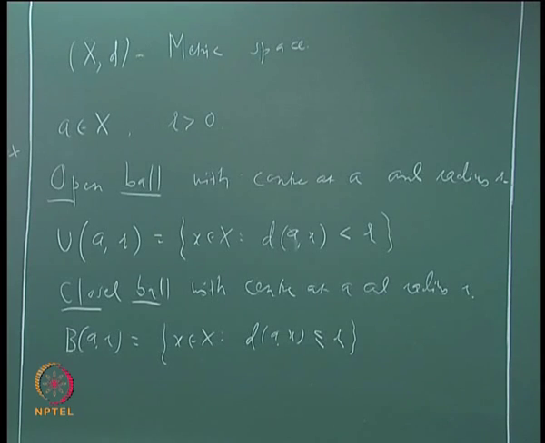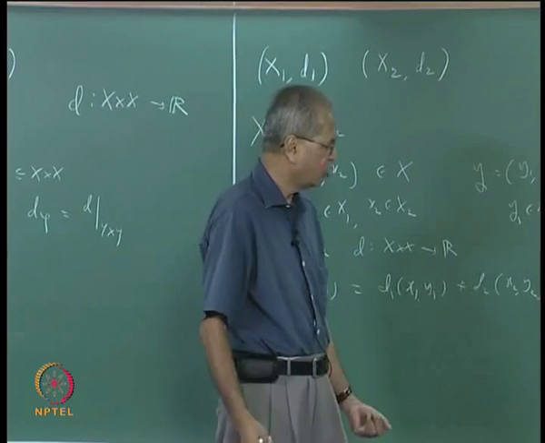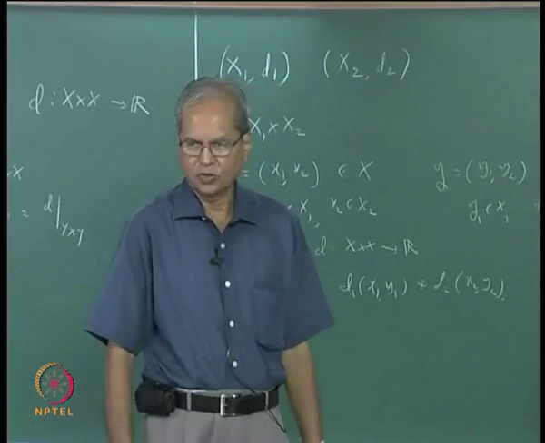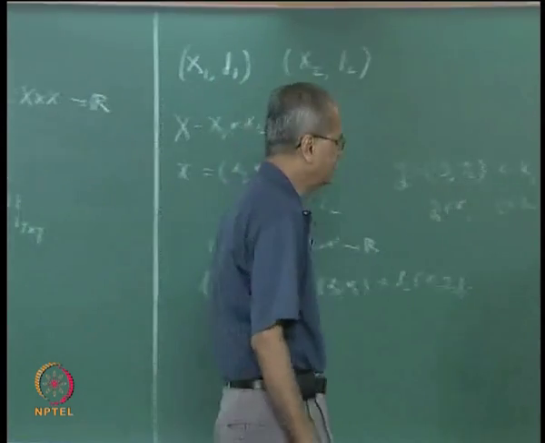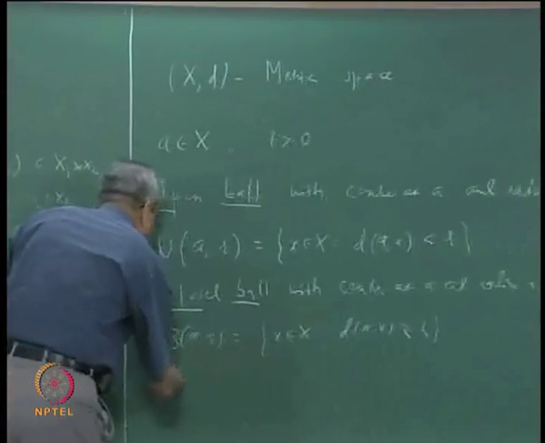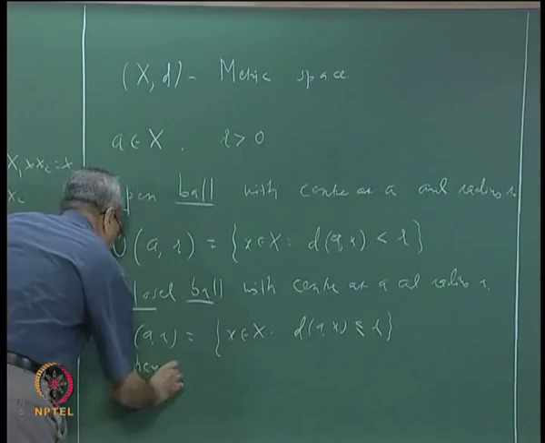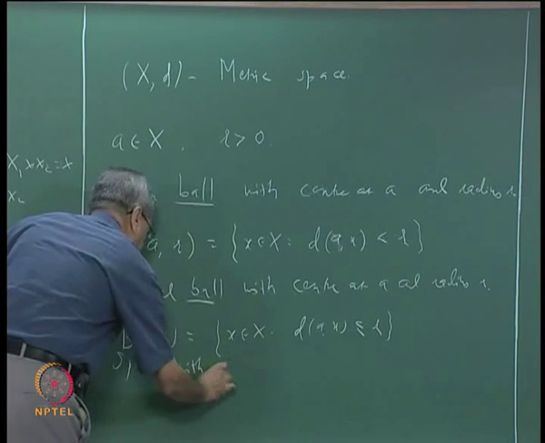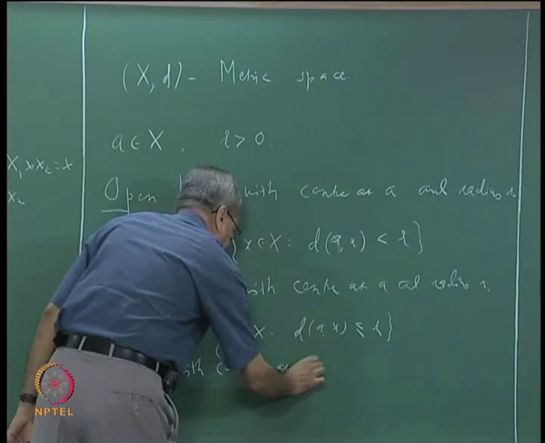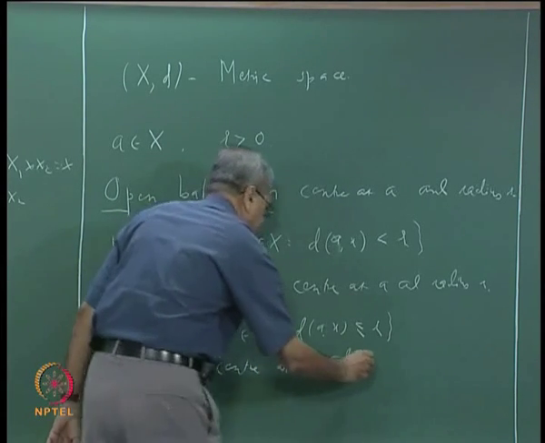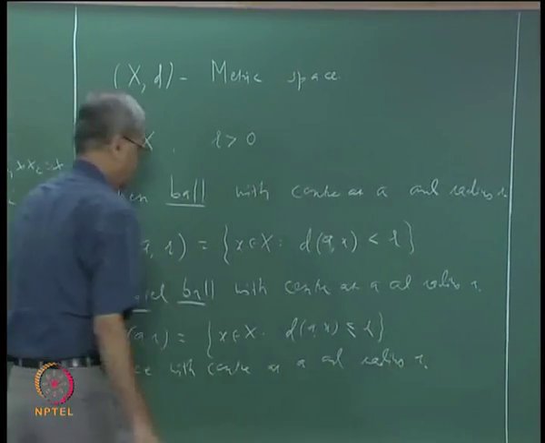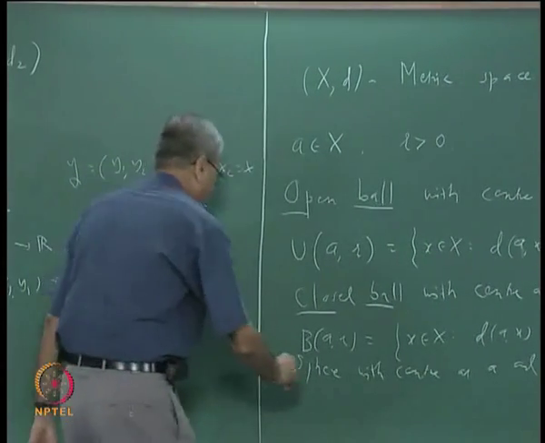And the last set in this category, suppose I take all those points whose distance from A is exactly equal to R, okay, then that we will call sphere with the center at A and radius R, okay. So that is a sphere.